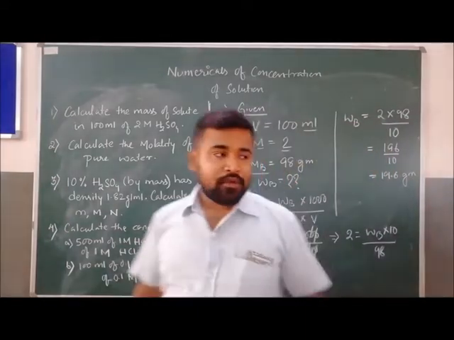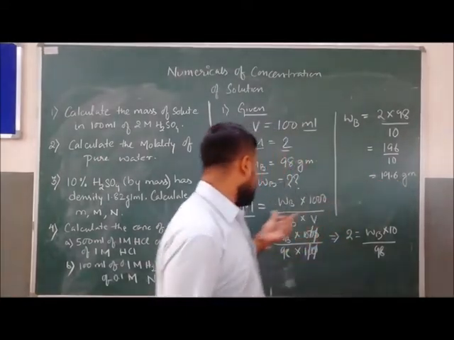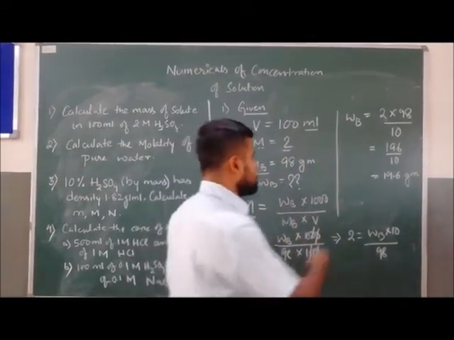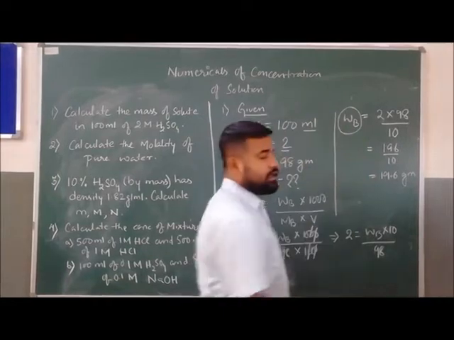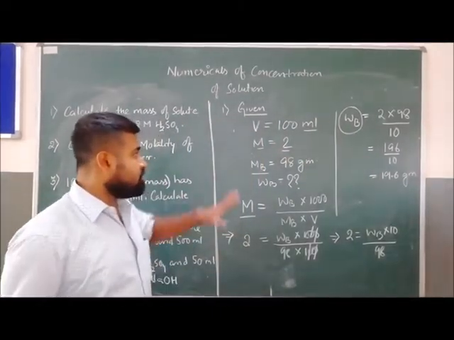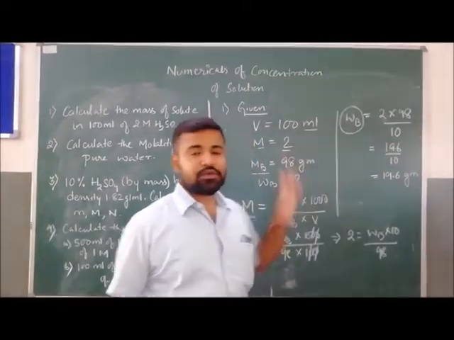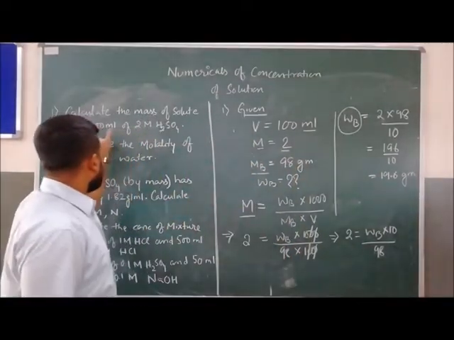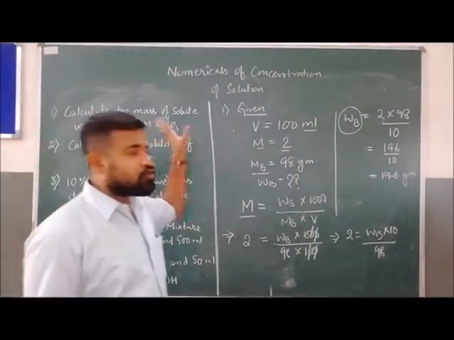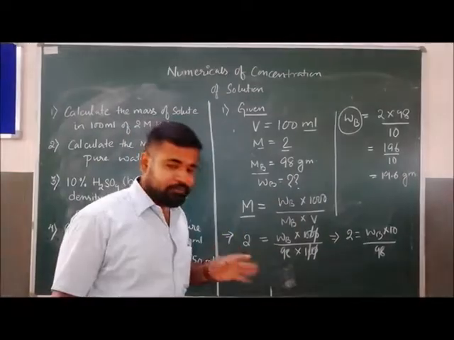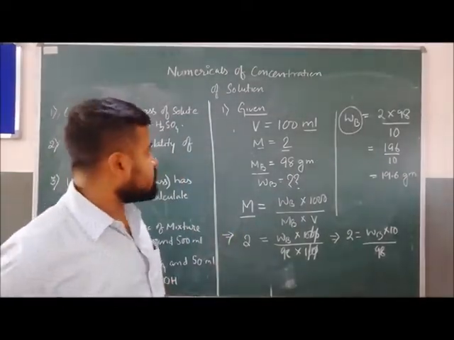This is the mass of the solute. In this way, from the given data, we can find the mass of the solute present in 100 ml of 2 molar H2SO4. Clear to all? So next question.